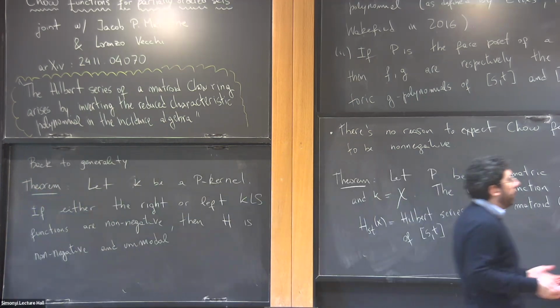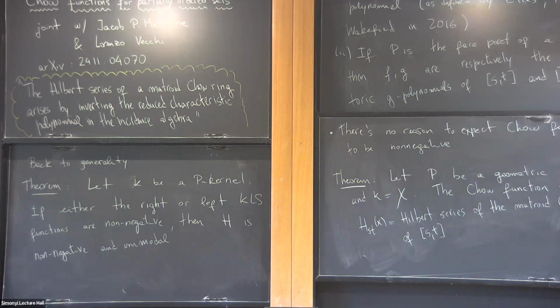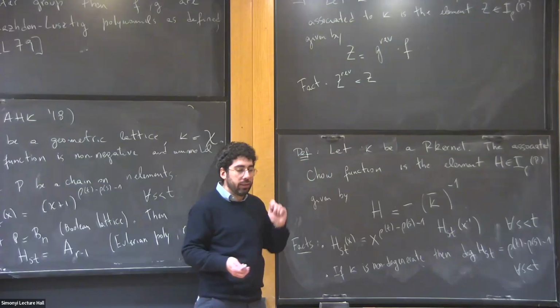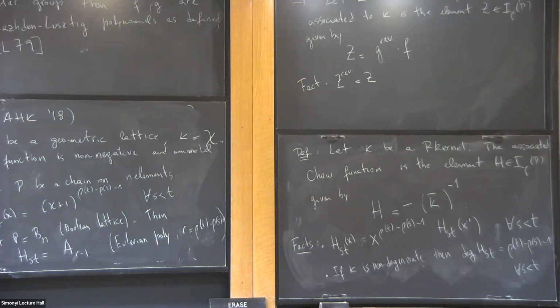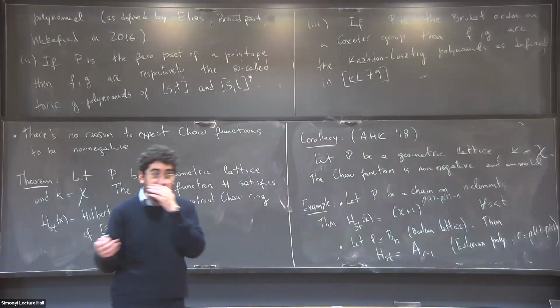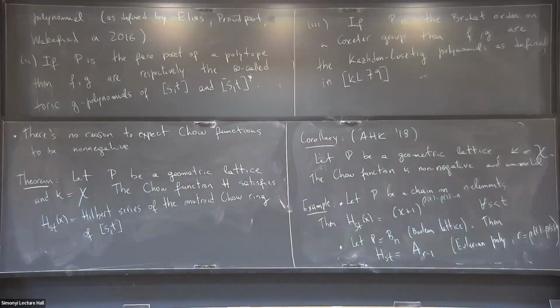In the three cases that I mentioned, matroids with the kernel given by the characteristic polynomials, polytopes with the kernel given by x minus 1 to something, and Bruhat intervals with the R polynomials, the function f is non-negative.